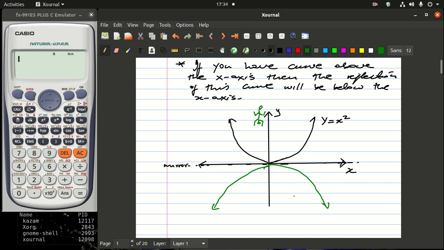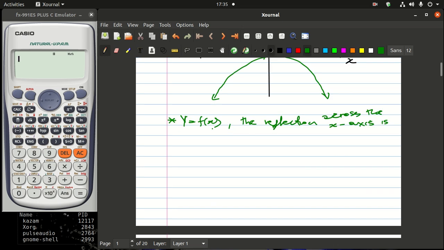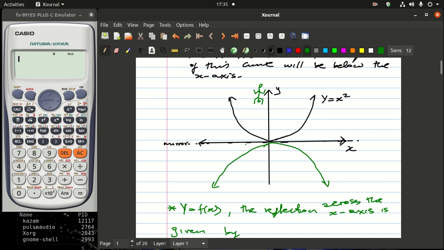Another point to note: whenever you have y is equal to f of x, the reflection across the x-axis is given by, take note of this, whenever I have a positive value here, when I'm looking into the mirror, I will have that point here.